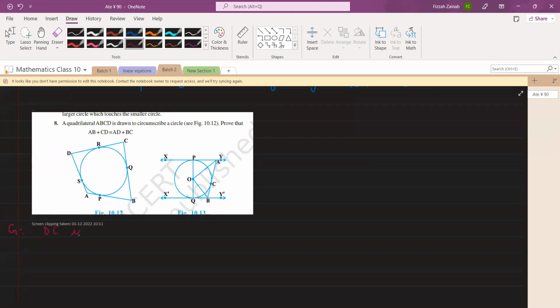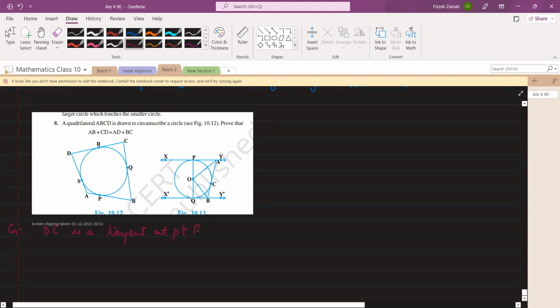So DC is a tangent at point R. Similarly, CB is a tangent at point Q, AB is a tangent at point P, and AD is a tangent at point S. This is already given.